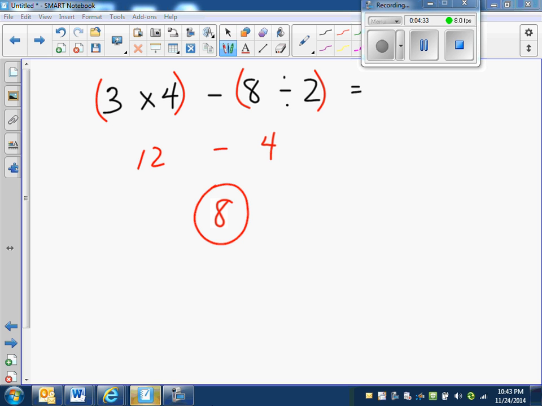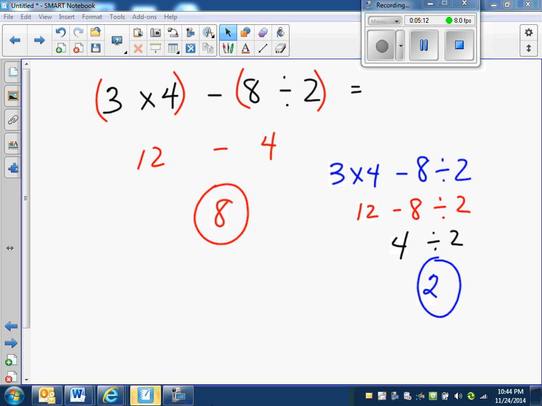If you didn't follow the order of operations, you would maybe get 2. You would get 3 times 4 minus 8 divided by 2. If you just did this in order from left to right and didn't follow the operations, you would end up with 12 minus 8 divided by 2. 12 minus 8 would be 4, divided by 2, and you would end up with 4 divided by 2, which is 2, which is the wrong answer.